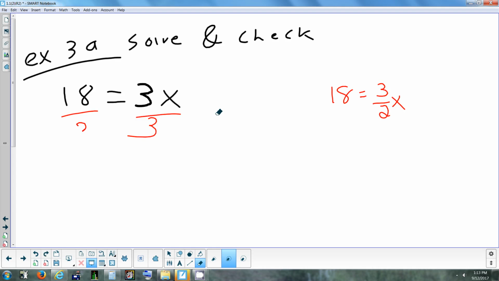Someone tell me, Connor, why wouldn't Paige divide by 18? Because the 18 would be a negative number. Sophia? Because it's on the side of the x.